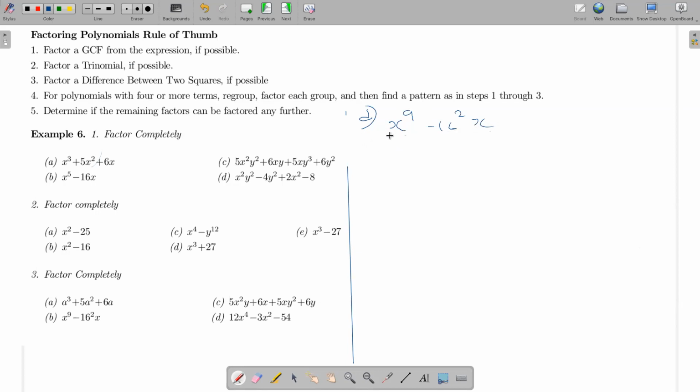If I look here, 1 x is common, so I pull that one common x out. Here 9 x's, 1 out, 8 x is left.